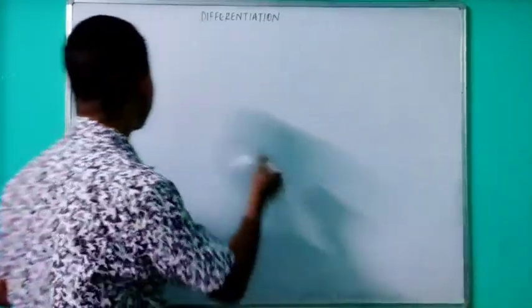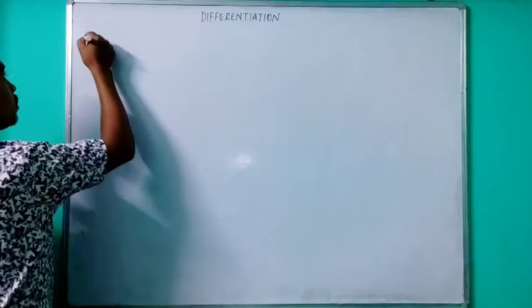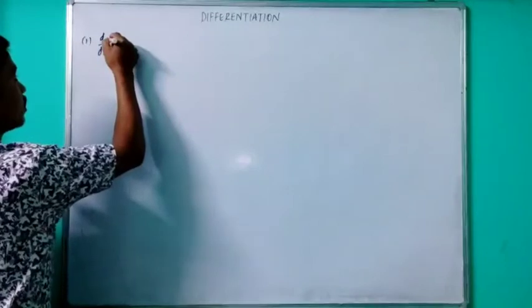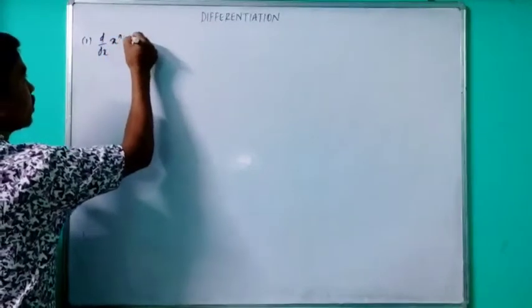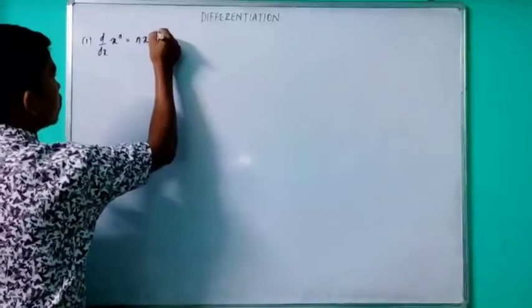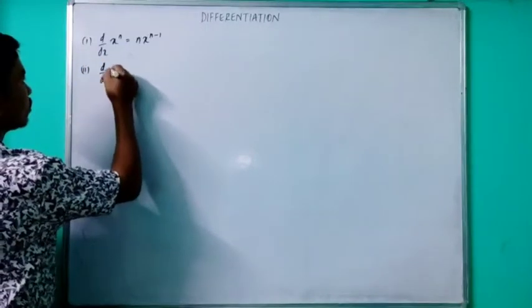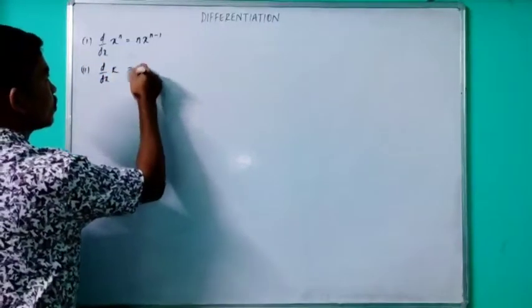Okay, so a few of the important formulas that we have learned: the first one was the derivative of x to the power n is equal to n into x to the power n minus 1. The second was the derivative of any constant k is always equal to 0.